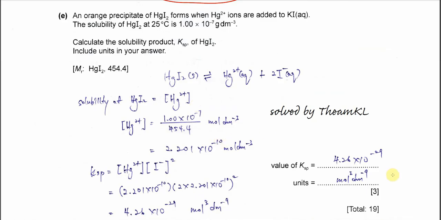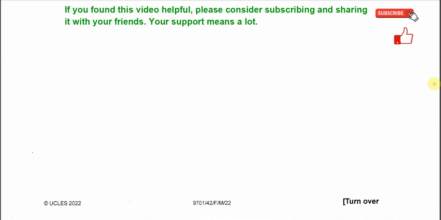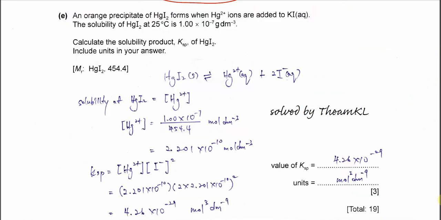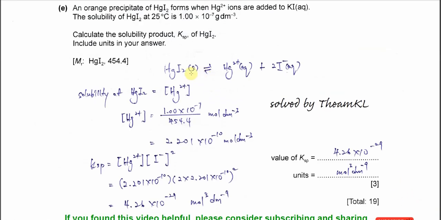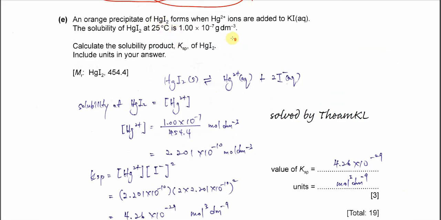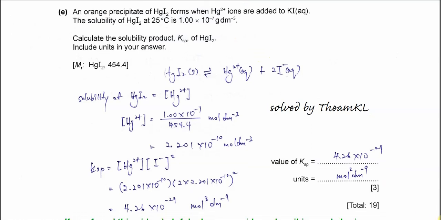Part E. An orange precipitate, mercury iodide, forms when mercury 2 ions are added to potassium iodide solution.